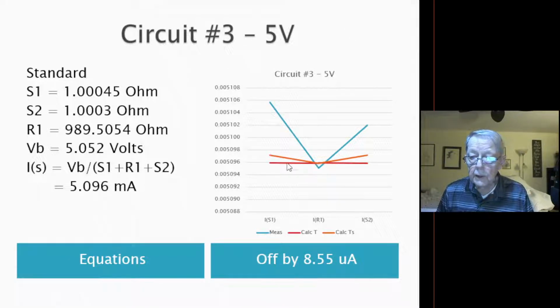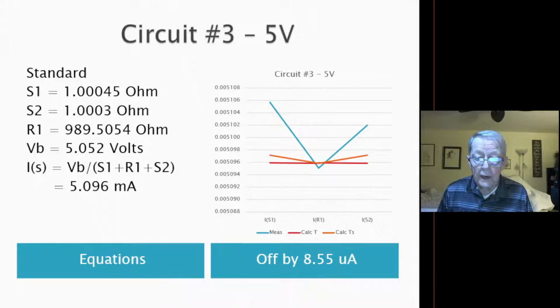But here's the question: can I adjust the G2 mass of these resistors, primarily R1? If I could adjust the G2 mass of R1 to go from this value down to here, I'm guessing that the value here will move up as I move this down. That's just a preliminary guess on my part.